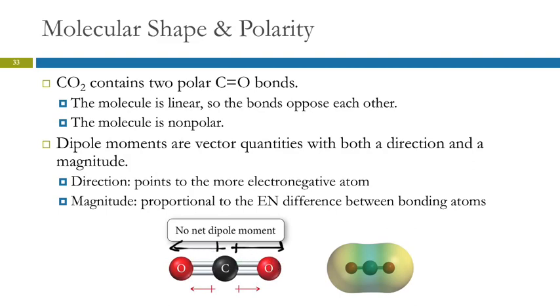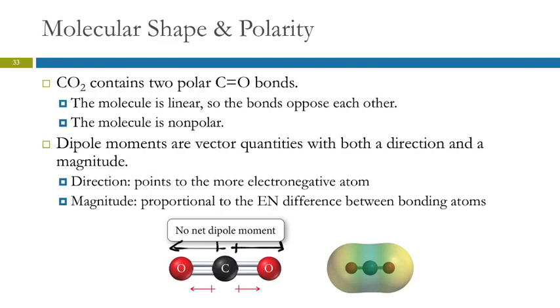And we'll talk about vectors. Vectors are quantities that have a direction and a magnitude. So the direction of the vector points from the less electronegative to the more electronegative element. The magnitude is proportional to the electronegativity difference between those two atoms. If it's a large difference, the magnitude is larger.